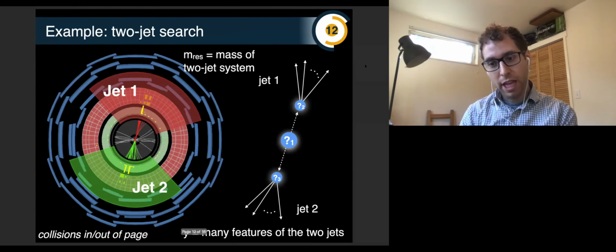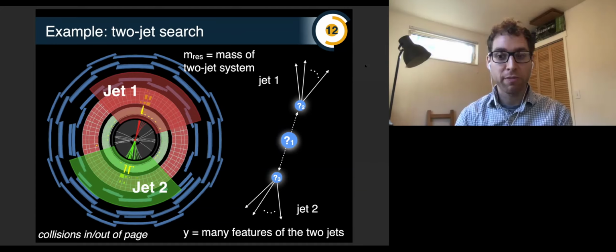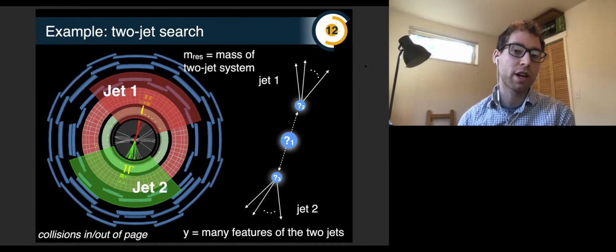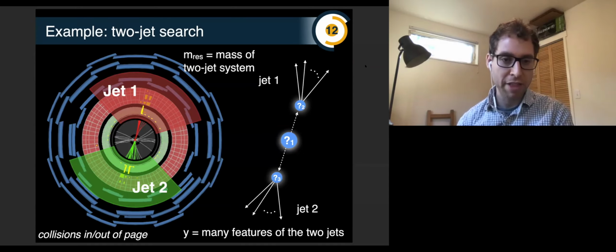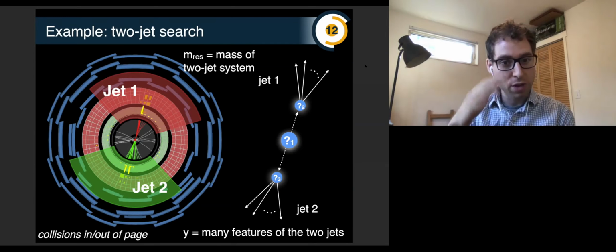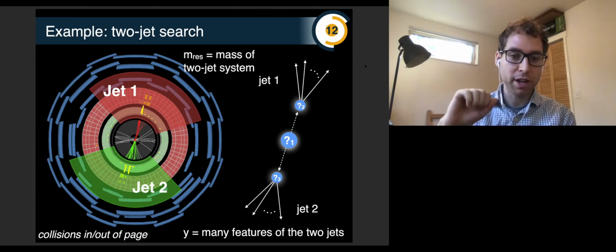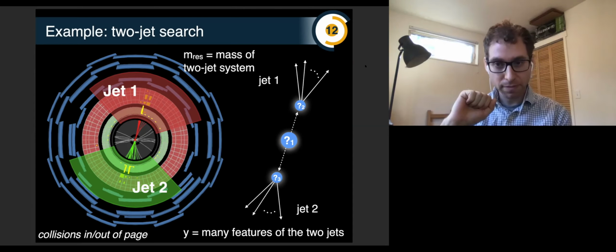Okay, so I'm going to now show you very briefly some results to highlight that this method has been applied already to data. The example will come from a dijet search. This is a picture of the ATLAS detector in a transverse slice, where the protons come into and out of the page, and you can see collision debris going transverse to that. There are these sprays of particles called jets, as was introduced earlier.